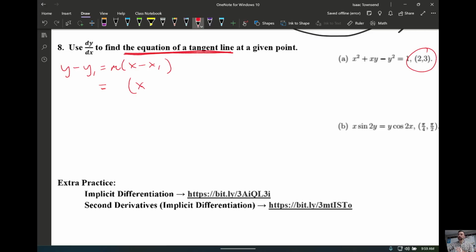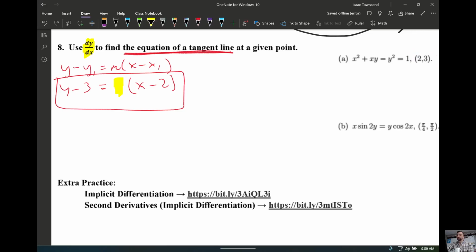So as long as you know the x value goes in for x1 and the y value goes in for y1, you're almost done. The only work that you have to dig in for is the slope. On multiple choice questions, even if you just know this, sometimes you can narrow off a couple choices that don't make sense. So slope comes from derivative, so we still have to take the derivative of this.